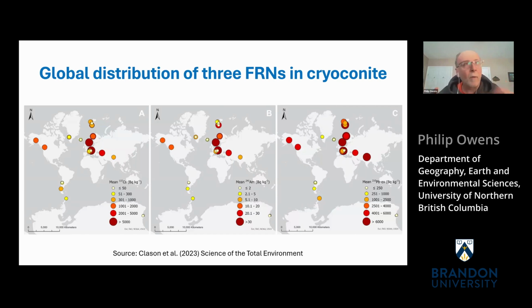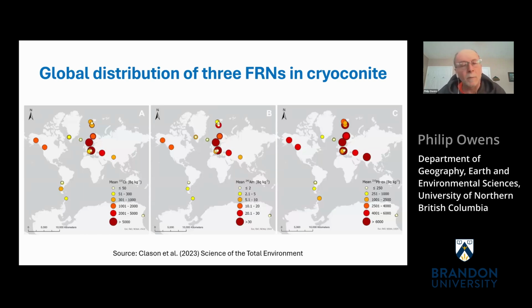They're derived from both natural products, but also from anthropogenic activities like the atom bomb tests and Chernobyl and Fukushima. The sizes of the dots and the colors represent the different levels of contamination of these fallout radionuclides in this glacial material. And you can see, obviously, the samples collected from British Columbia there.